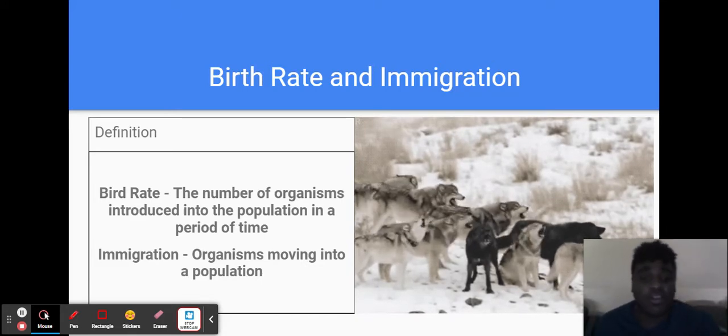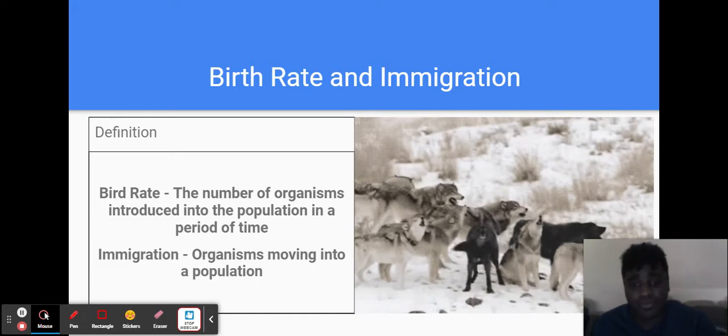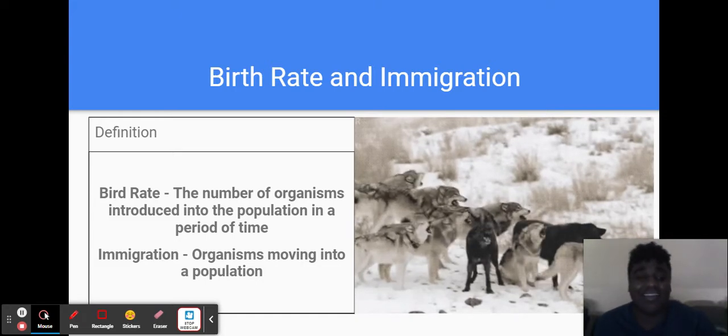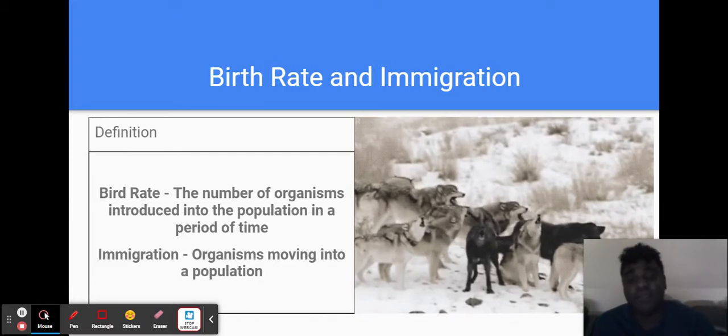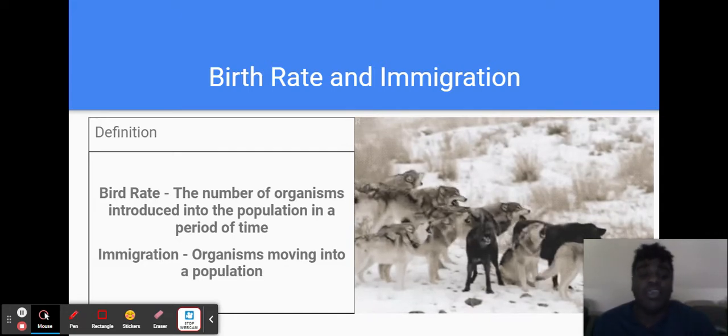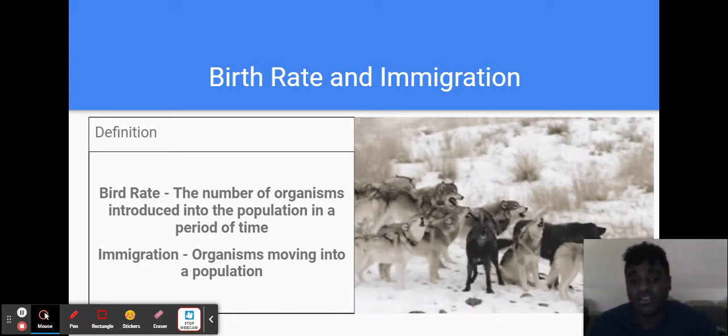And usually this occurs if their current environment isn't ideal, or it has too much competition or too many individuals there. It will leave that environment in hopes of having a better chance of survival, and it'll go somewhere else where there's less competition or better resources. And this is immigration. So you move from one area into another population in hopes of having a better chance of survival. All right.